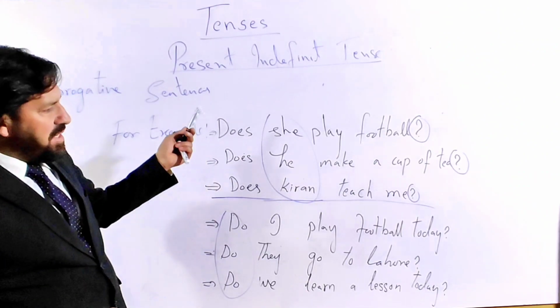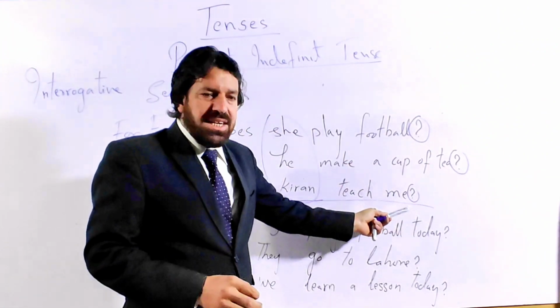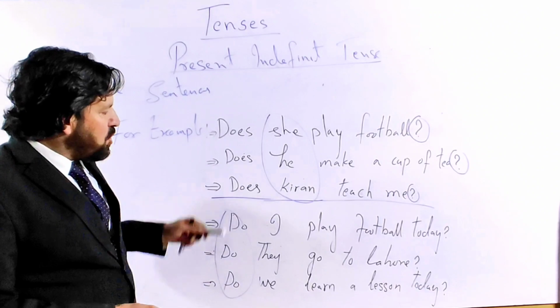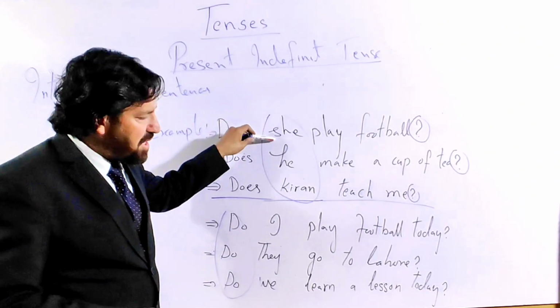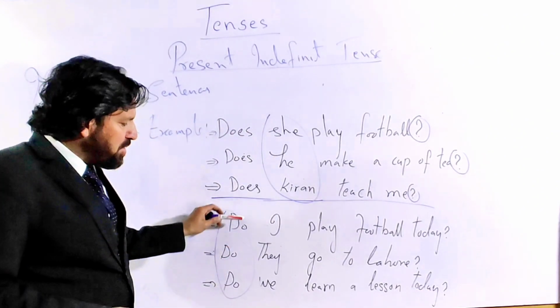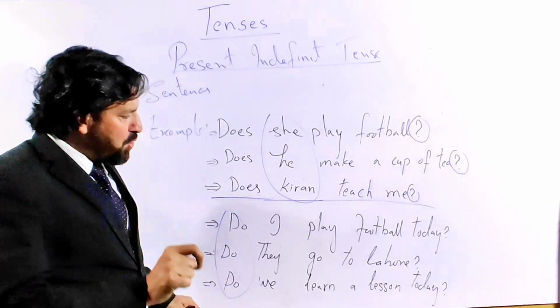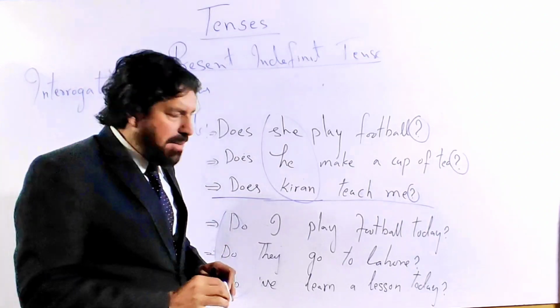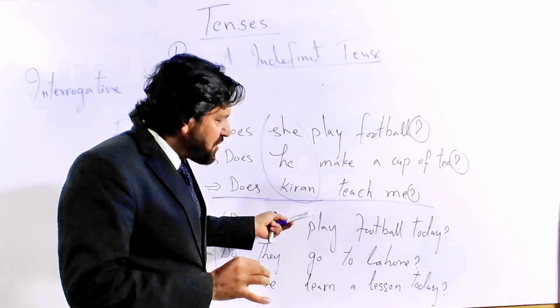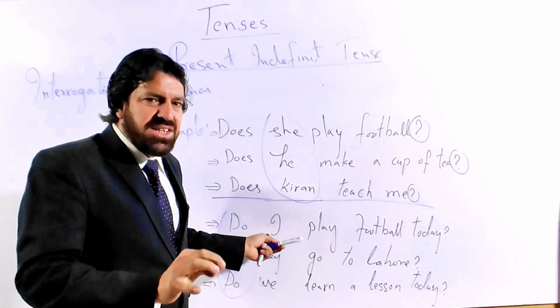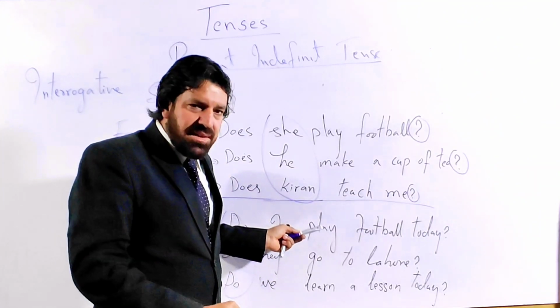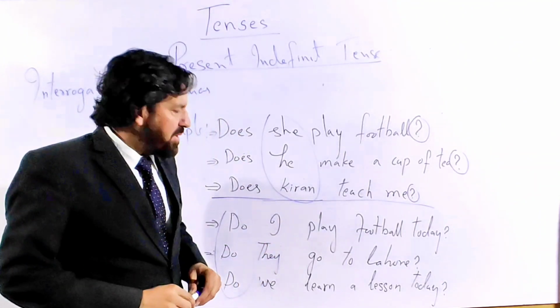All right, and you have to add a question mark at the end of the sentences. Does is used with a singular noun and pronoun, and do is used with a plural noun and pronoun. And remember one more thing: you have to use the first form of the verb in all your sentences without adding s or es in present indefinite tense interrogative sentences.